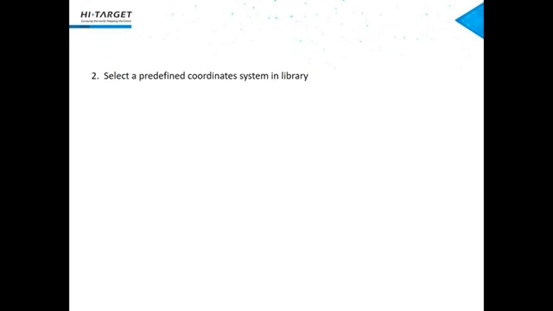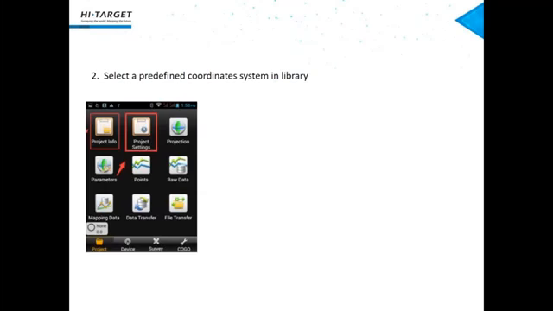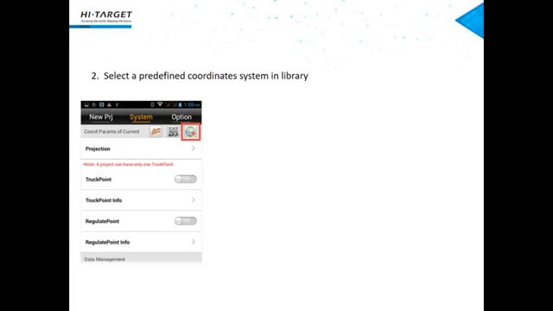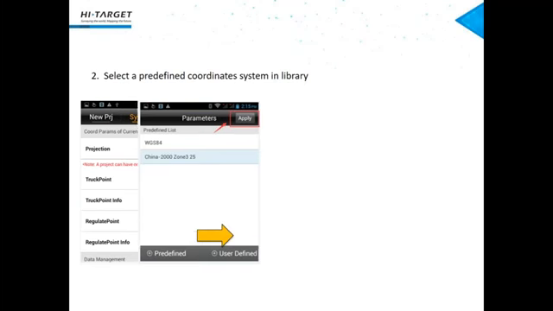Next, I will show you how to select a predefined coordinate system in library. So we can enter into project setting to set coordinate systems and click the Earth-like icon, predefined, and then you can choose the coordinate system according to your country and needs.